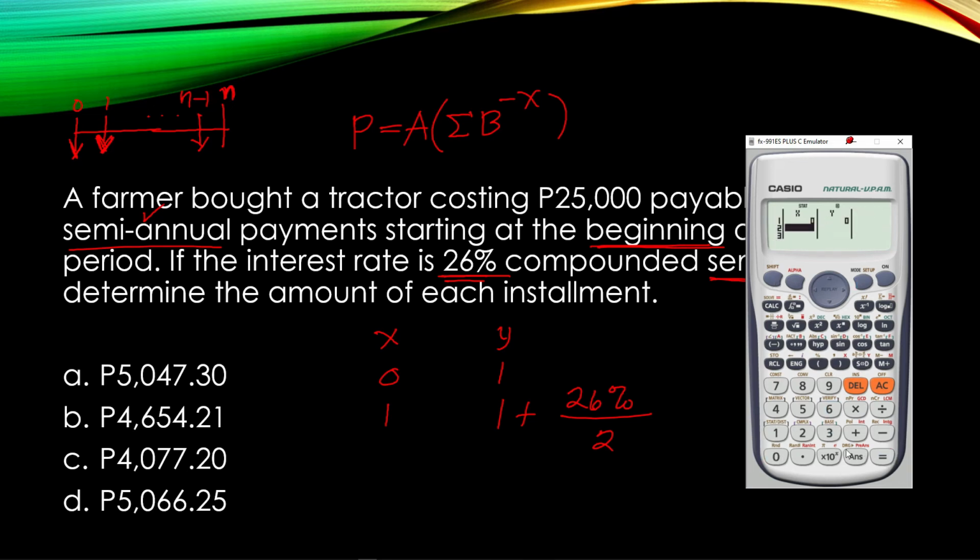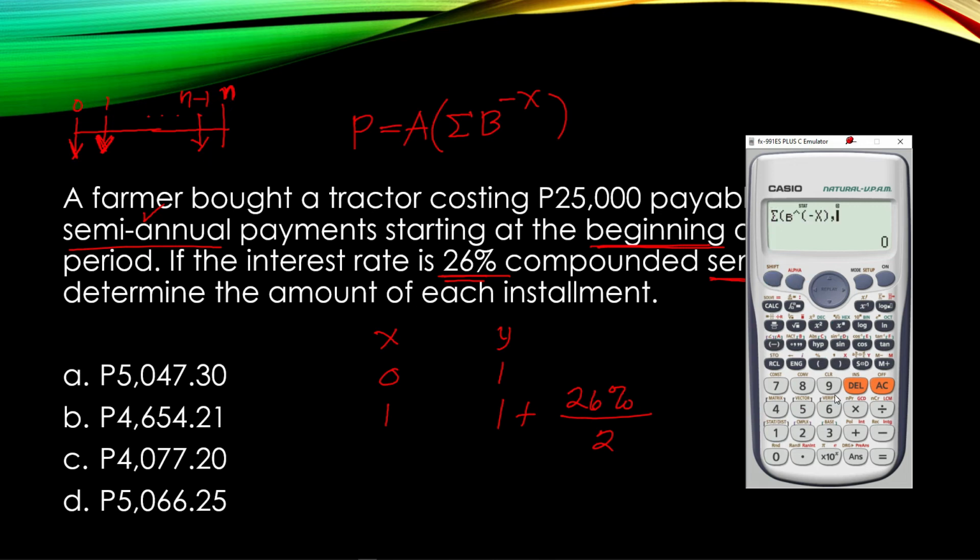We have 0, 1, tapos we have 1 plus 26% divided by 2. So, we have 1.13. And then press AC to store the table. And then shift, yung summation of B raised to the power of negative X.